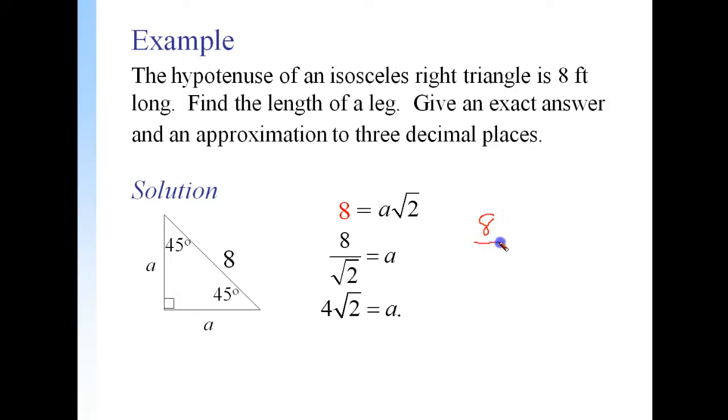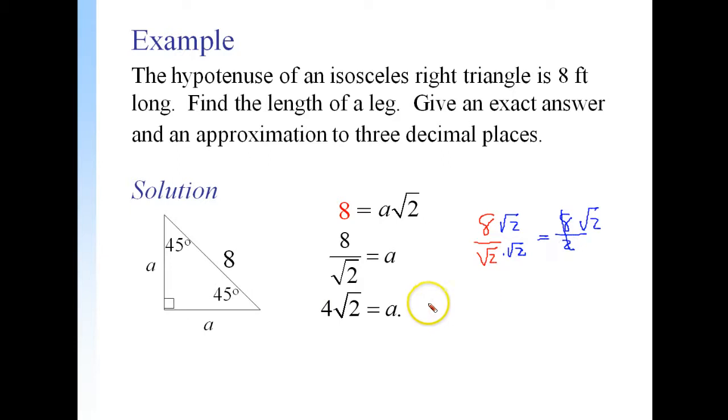8 over the square root of 2. We're going to multiply this by the square root of 2 over the square root of 2. So that gives us 8 times the square root of 2 over the square root of 4, which is 2.